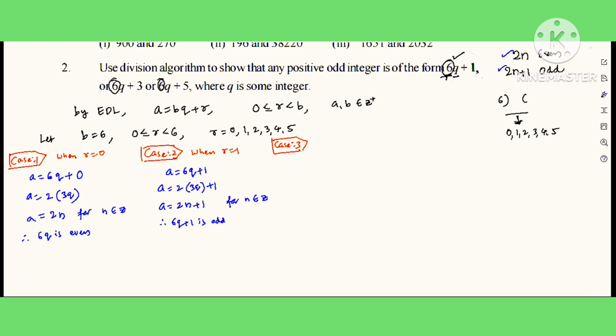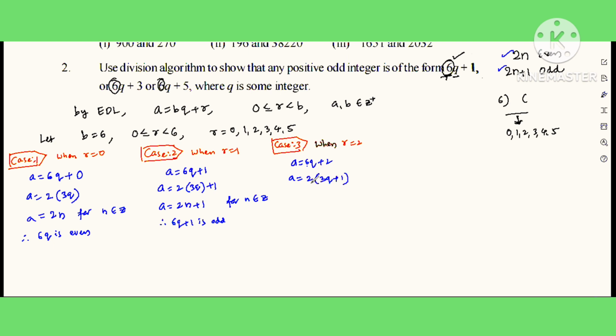Case 3, when r equal to 2, again a equals 6q plus 2. Here 6 is there and 2 is there, so we can take 2 as common: 2 into 3q plus 1.